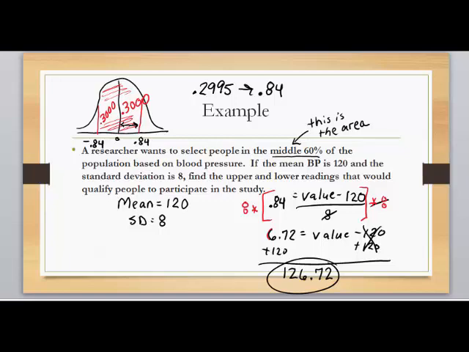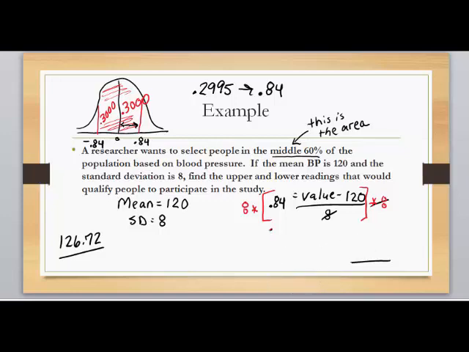to the problem. Now the other answer is going to be found by going through the same process but using a negative 0.84. Okay, so let's go ahead. I'm going to write my answer over here and let's go ahead and find the other value. So that's one of them. So the setup is basically going to be the same, except we're going to have a negative 0.84 here. Okay, we're still going to multiply both sides by 8 as a first step. So 8 times negative 0.84 is going to be negative 6.72.